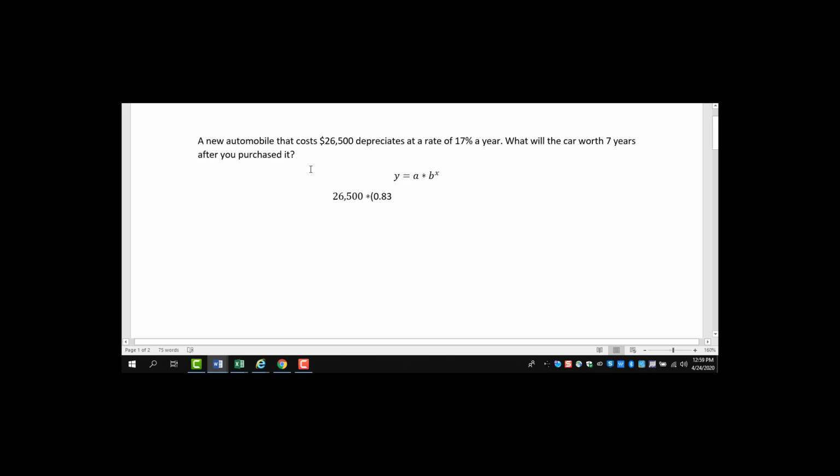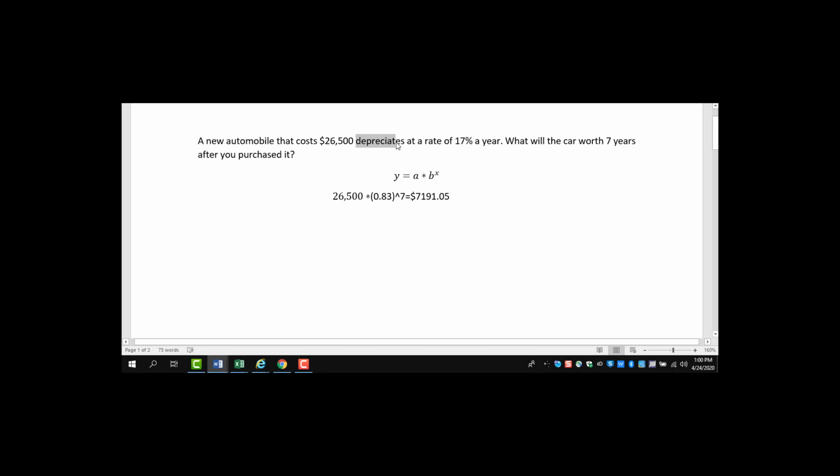And then you're going to raise that to the 7th power, dealing with 7 years. And if you put that in your calculator, I'm getting 7191.05.